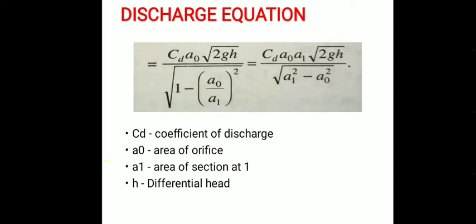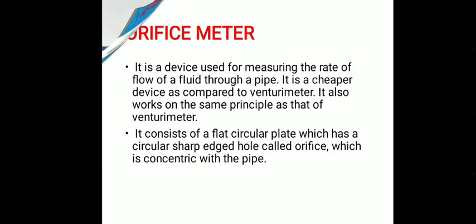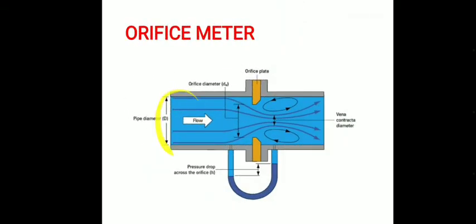AO is the area of the orifice, and A1 is the area of section 1, that means the larger area over here.